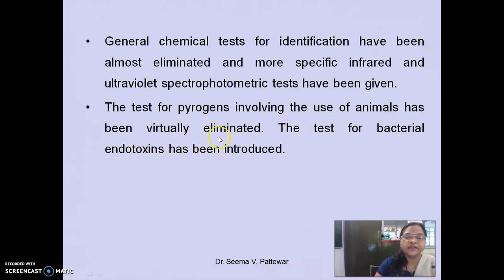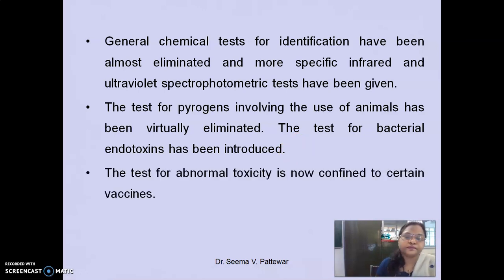Means after that it became compulsory, don't go for the rabbit test and you should go for the LAL test, that is the Limulus amebocyte lysate test, which is used for the detection of the pyrogen. The test for abnormal toxicity is now confined to certain vaccines.